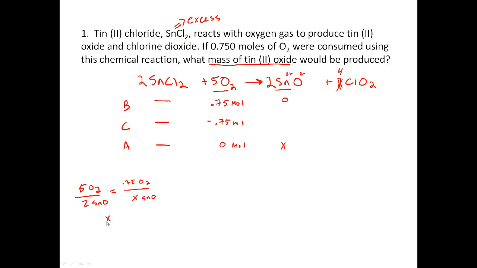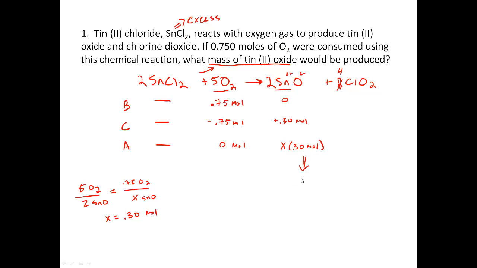Okay, so X is going to equal 0.3 if my math skills are good. I'm going to make 0.30 moles of SnO. Now the question is, what mass of tin 2 oxide am I going to make? So in the end, I'm going to have 0.30 moles, but what's the mass of this?